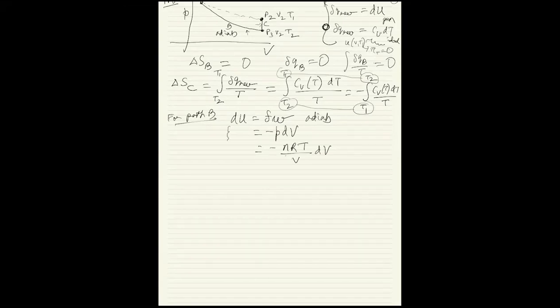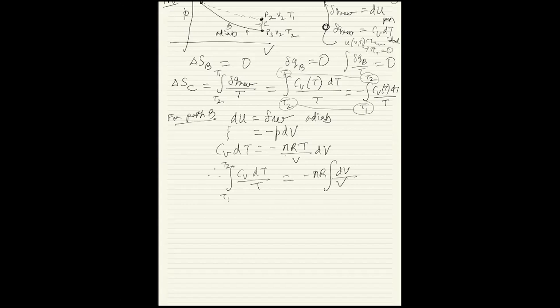So again, we will use our favorite relation, true only for an ideal gas: C_V dT is equal to this thing. Therefore, C_V dT by T, which we were tackling last time, is actually quite nice. It is minus nR dV by V. And now we can do the integral: from T1 to T2, C_V dT by T is equal to minus nR dV by V.